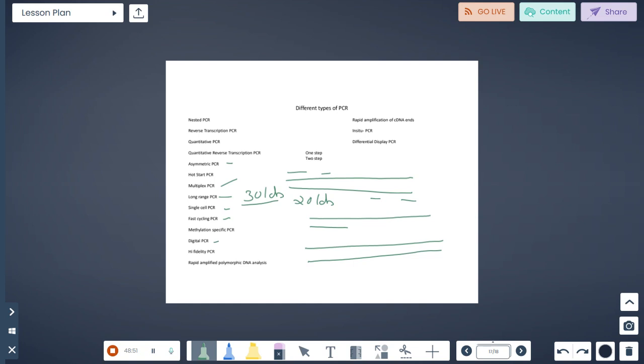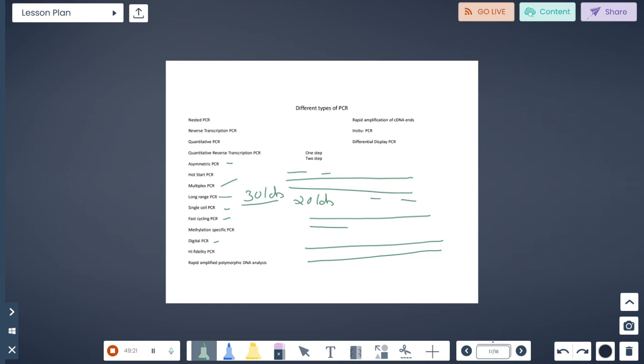Digital PCR means suppose your template is mixed with more than one kind of template. When you do a normal PCR, what will happen? Whichever template is more in quantity will get amplified logarithmically. If only one slight copy is there, the primer won't get a chance to bind to that, or after the second cycle, from the large copy, more specific product will be formed and it will be amplified logarithmically.